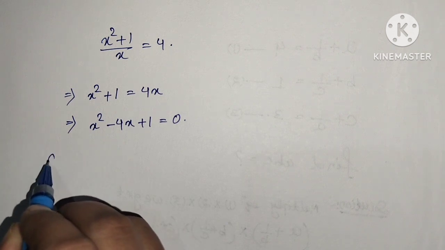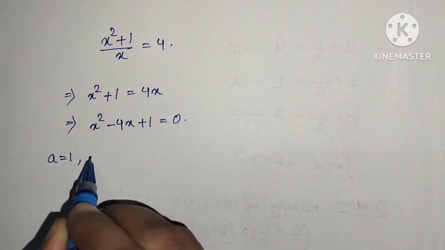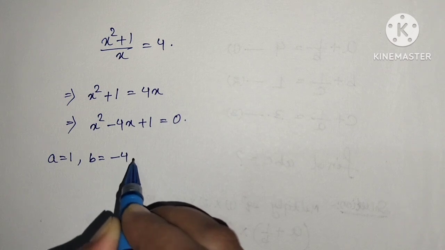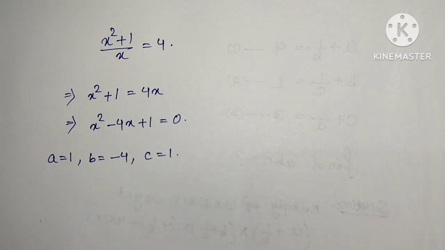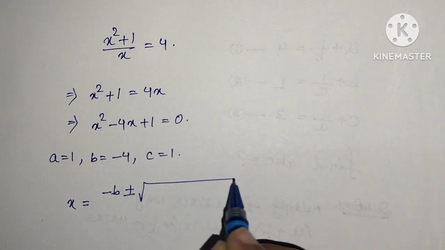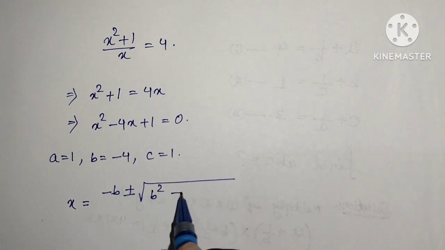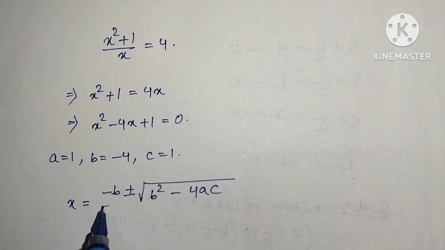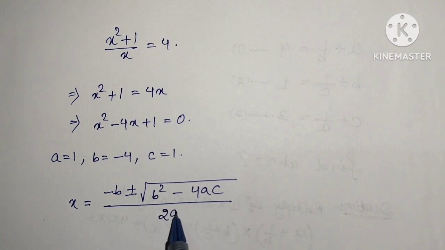Then a is equal to 1, b is equal to minus 4, c is equal to 1. Then the formula x is equal to minus b plus minus root over of b square minus 4ac divided by 2a. We put all the values.